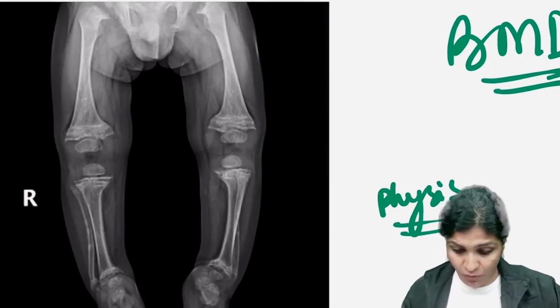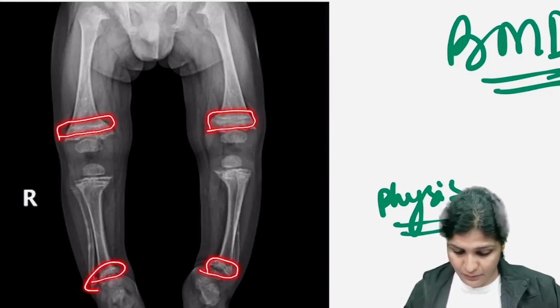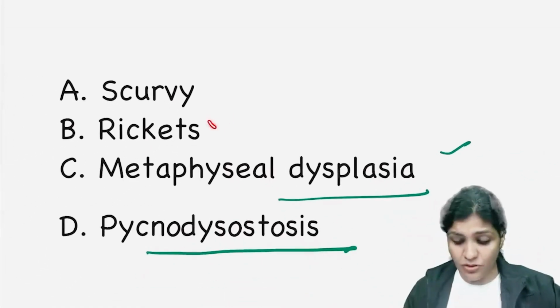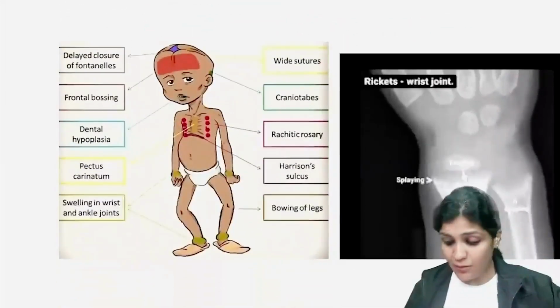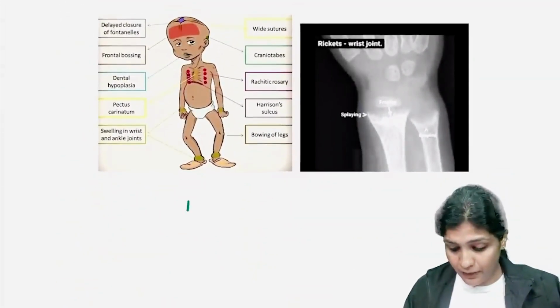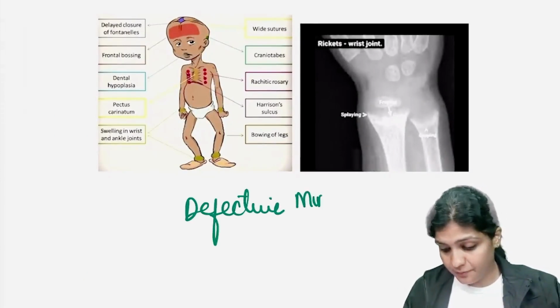The physis is damaged here. All the things you can see is the physis. Right? So this is mainly a case of rickets because you can see there is damage to the physis. And what is rickets? It is nothing but defective mineralization. What is defective mineralization?